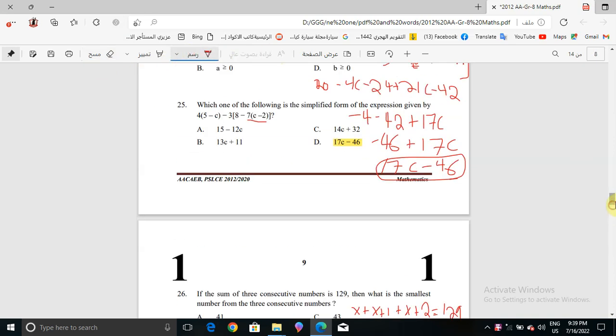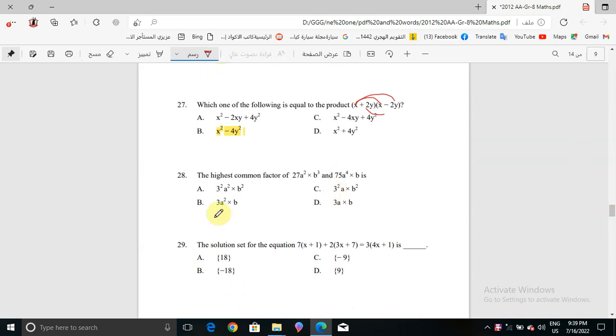It is asking what? The highest common factor of 27a squared times b cubed and 75a to the power of 4 times b is what?